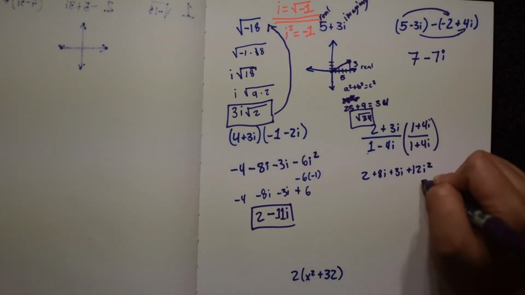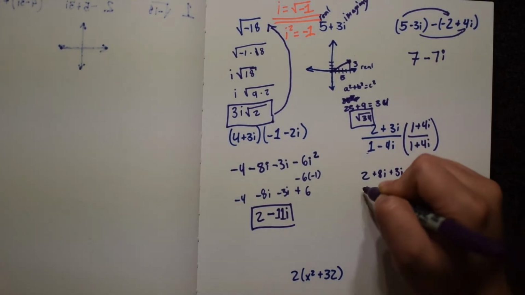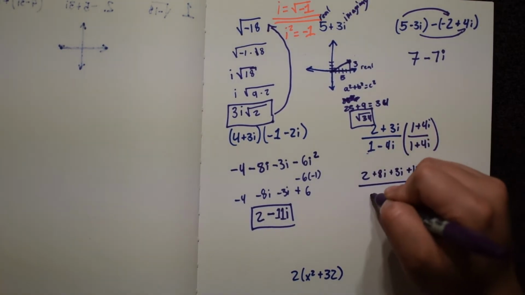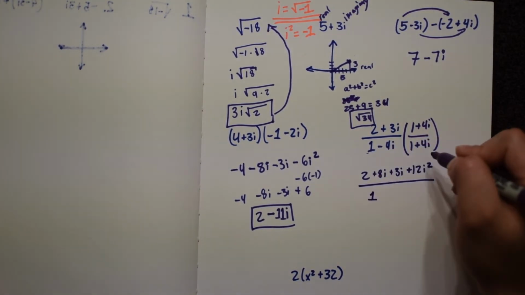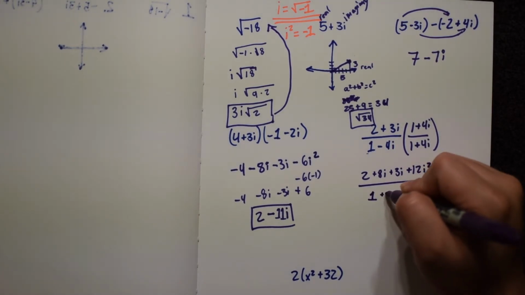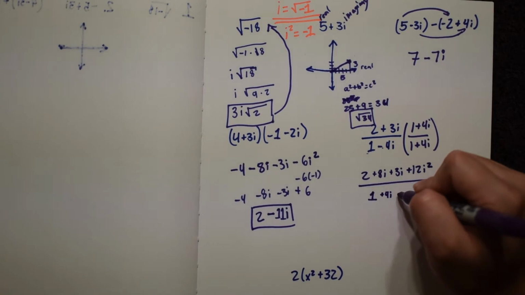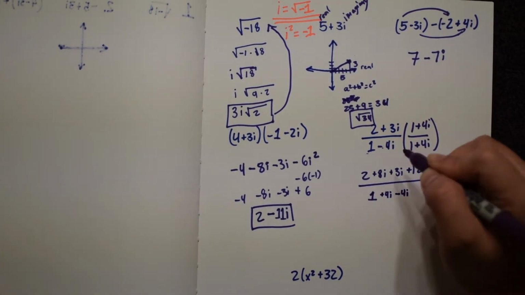Now we just went over what happens when we have i squared, but let's do this bottom one first. 1 times 1 will give us 1. 1 times 4i will give us positive 4i. Negative 4i times 1 will give us negative 4i.